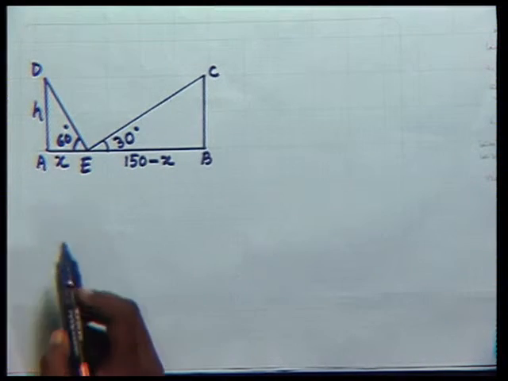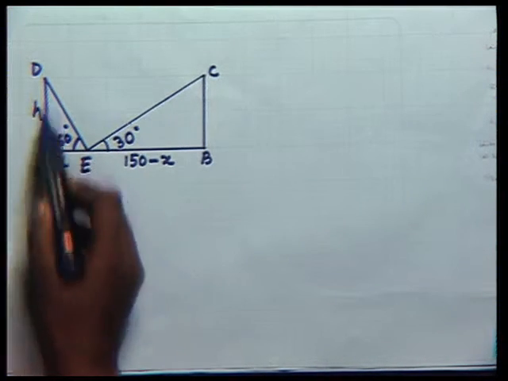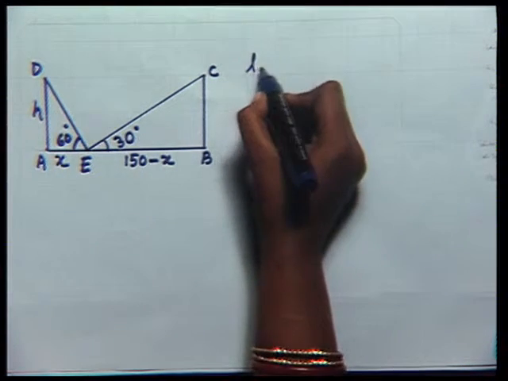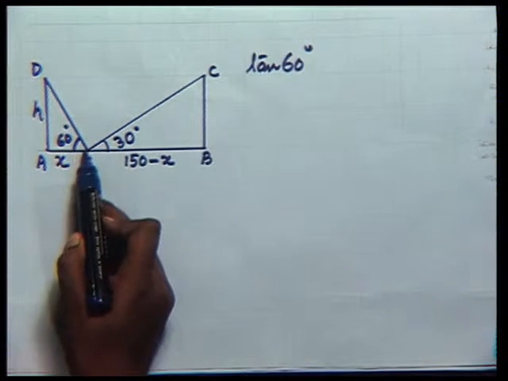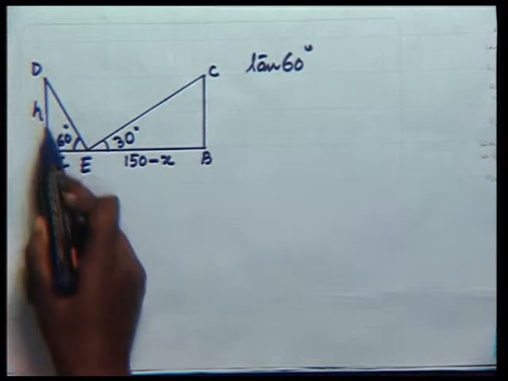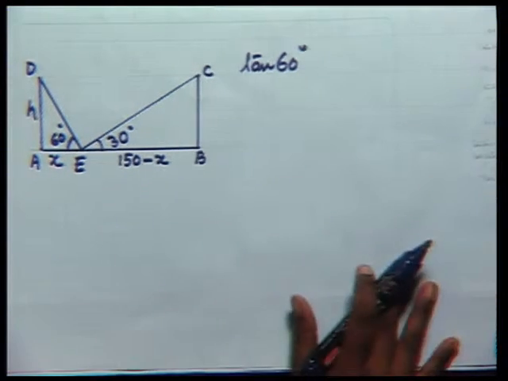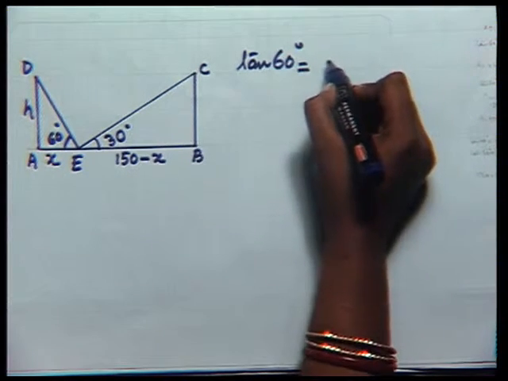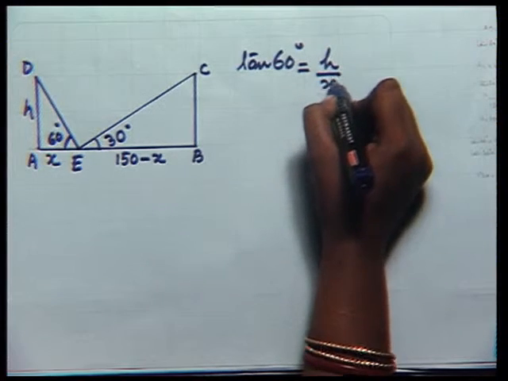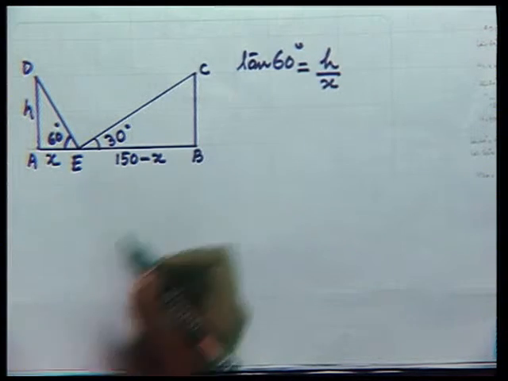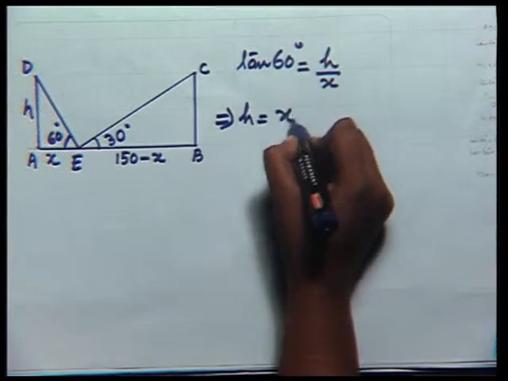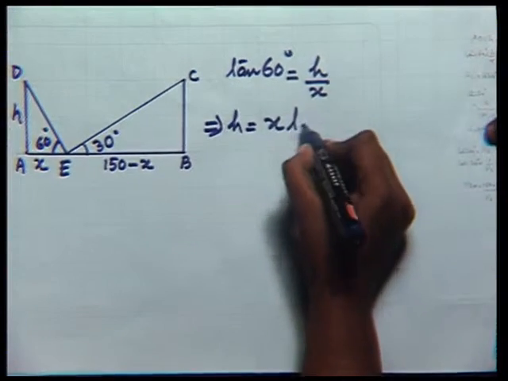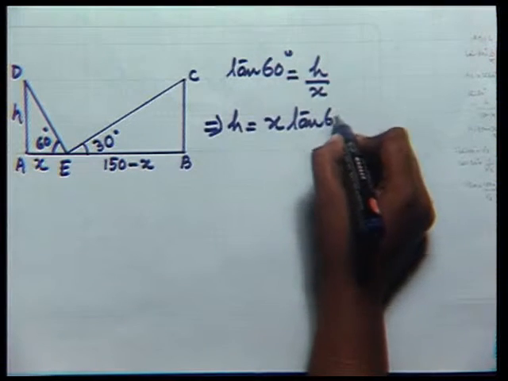Then in triangle AED, tan of 60 degree will be equal to h upon x. This is equal to h upon x, which gives us h is equal to x times tan 60 degree.